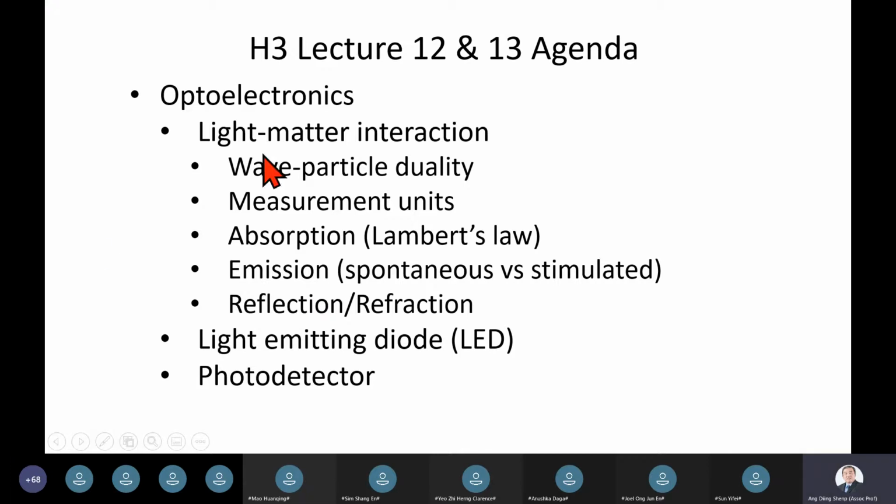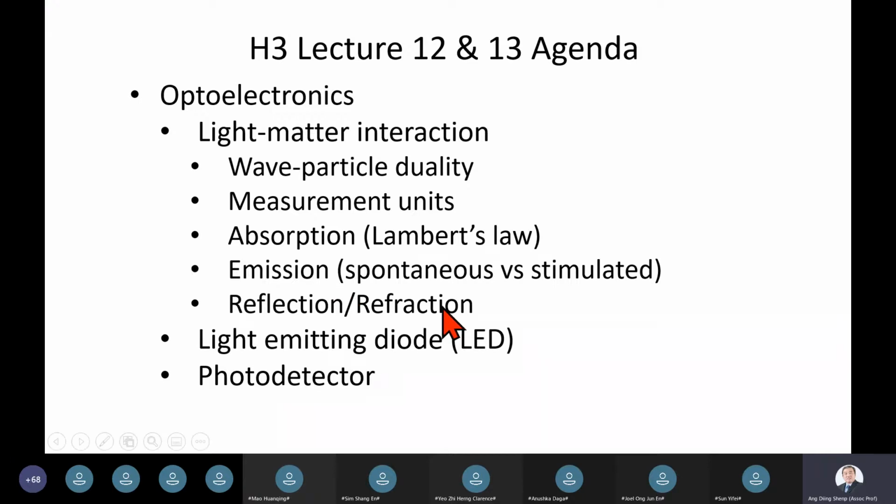Now, the absorption and emission were already discussed in part 1. So what we're going to do is go a bit more in depth to introduce more new material. Under absorption, we are going to look at Lambert's law, which quantifies the absorption of light in semiconductors.